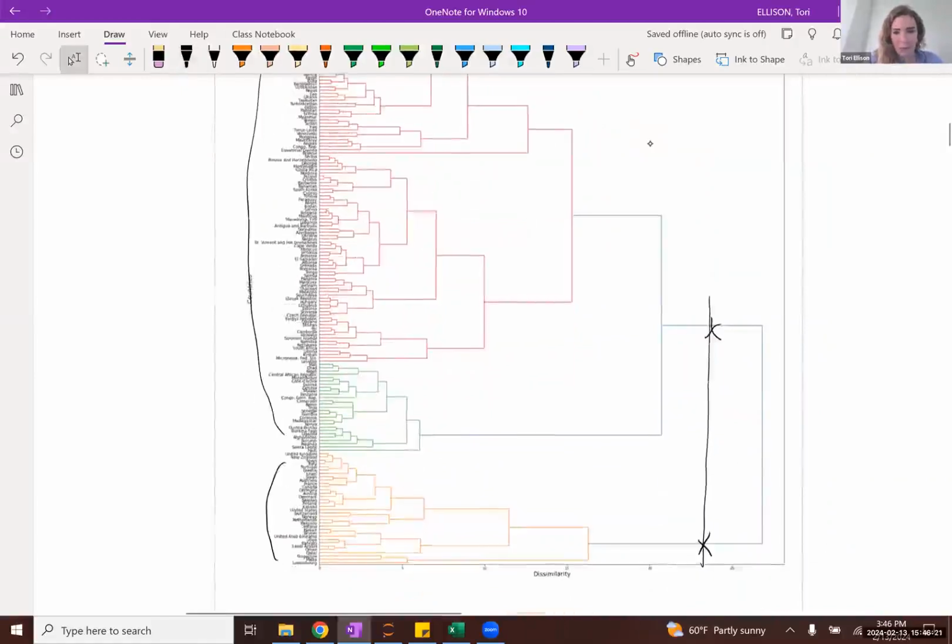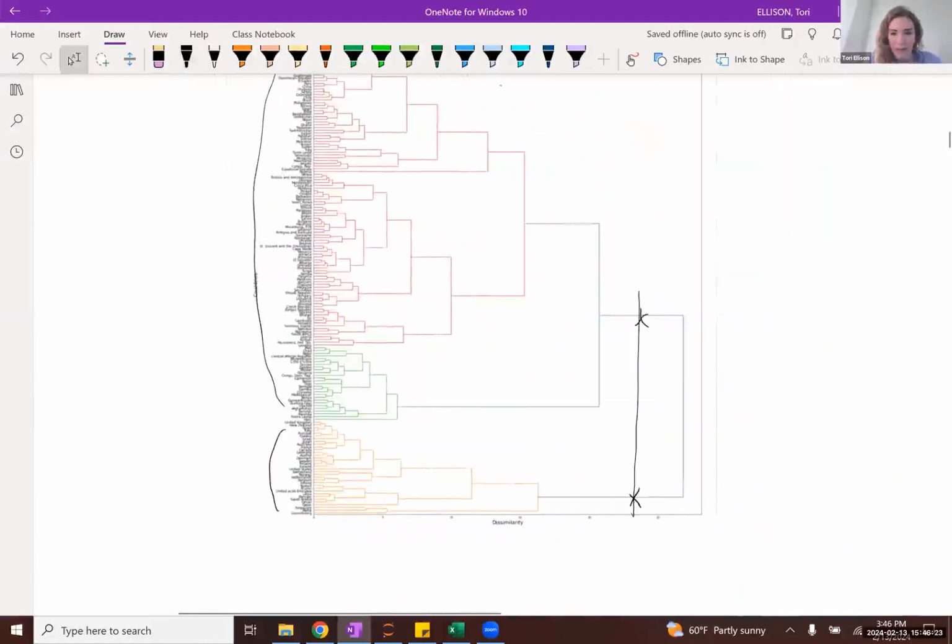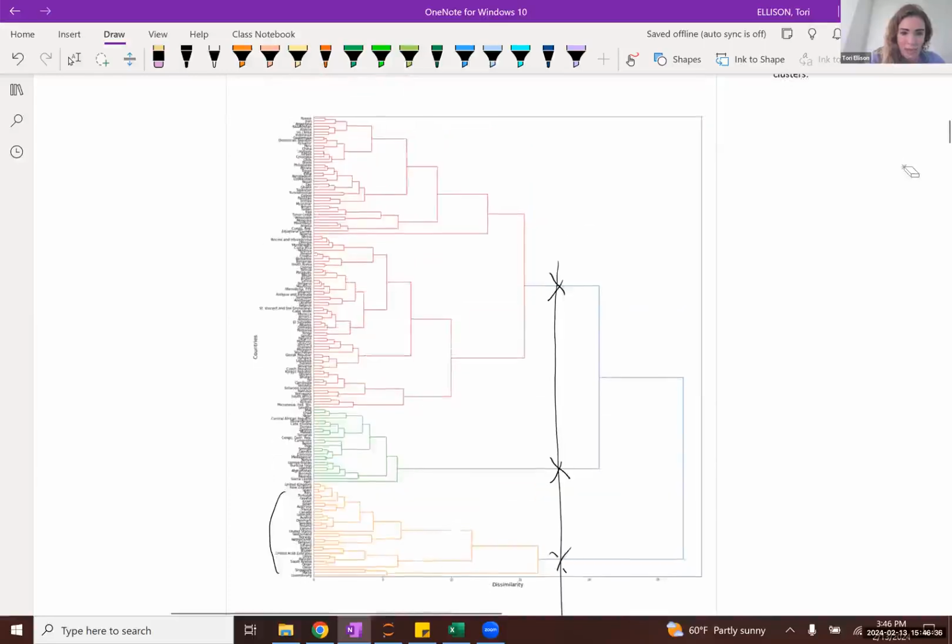And then if we go down the line and we wanted a clustering with 3 clusters, we could draw this vertical line here. And what that reflects is a clustering with 3 clusters.